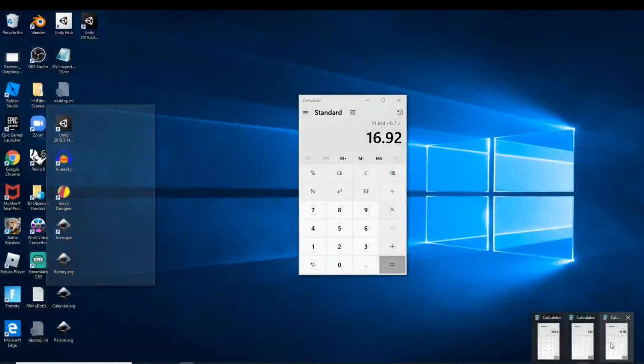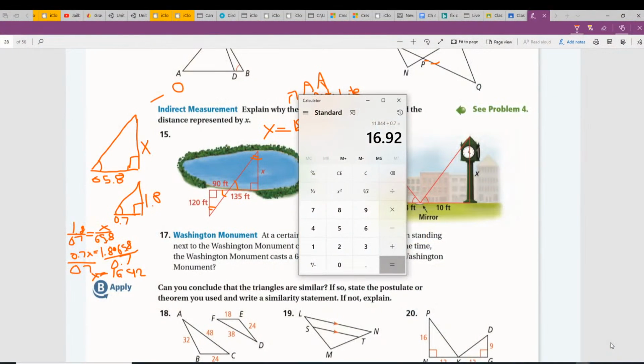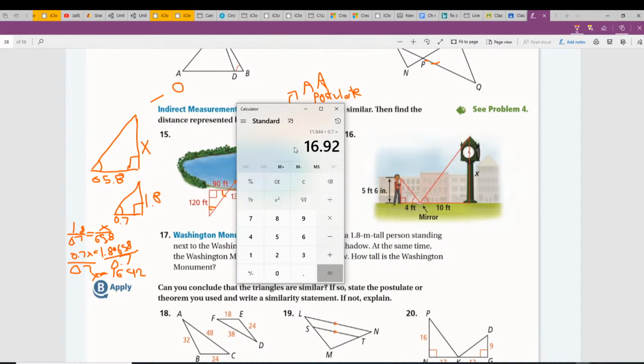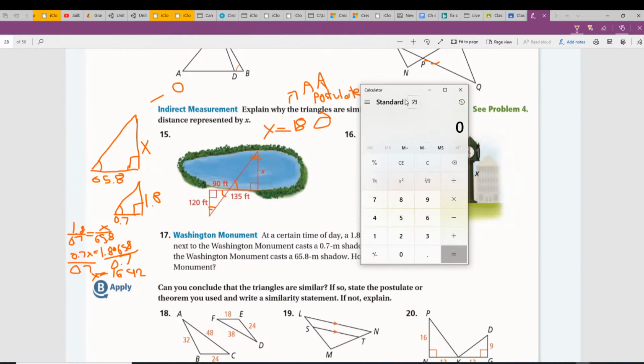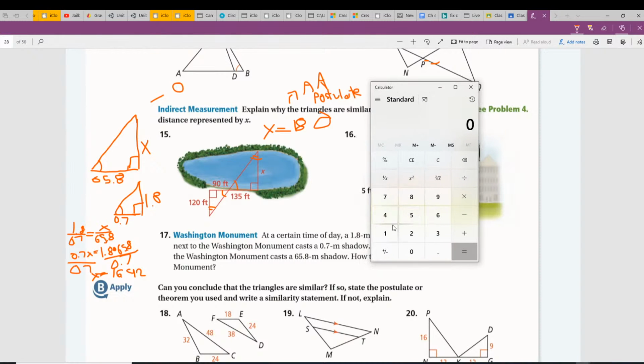Wait a minute. How is that possible? Okay. Wait, guys. We have 1.8. Oh, I think I know. So, I think I made an error.